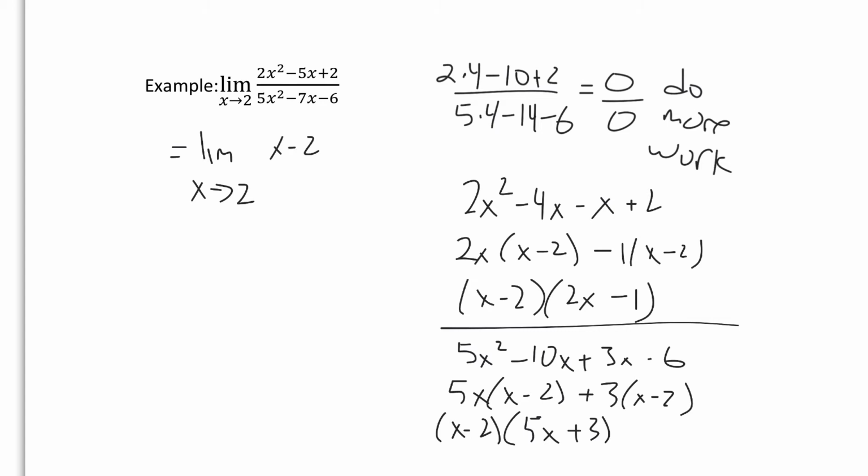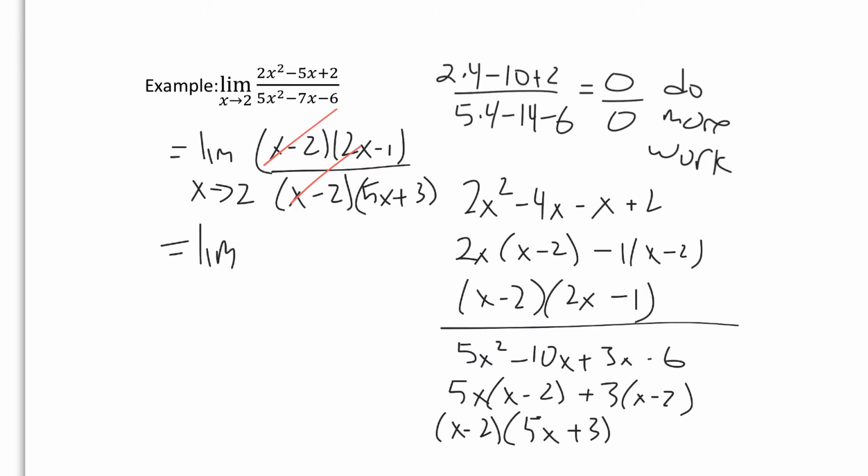All right, so those are our two factored forms. We've got x minus 2, 2x minus 1, x minus 2, 5x plus 3. All right, cancel those out. And we still have to keep writing limit each time because we haven't done a limit. You always write limit until you actually plug something in. So we've got 2x minus 1 over 5x plus 3. And once you cancel something and do some more work, it's always a good idea to try to plug it in.